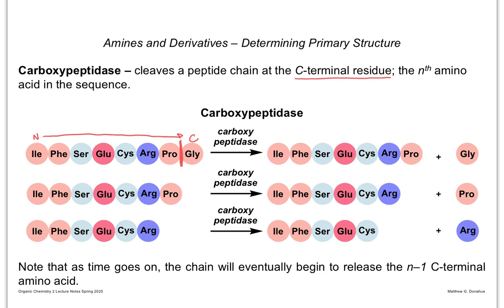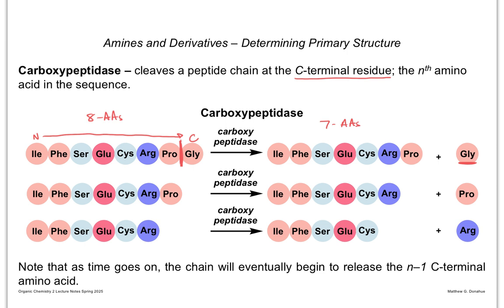So we go from an 8 amino acid residue now down to 7. And then we see that glycine was produced.